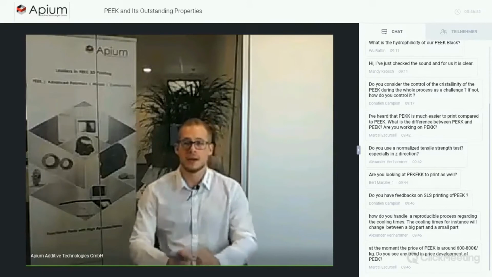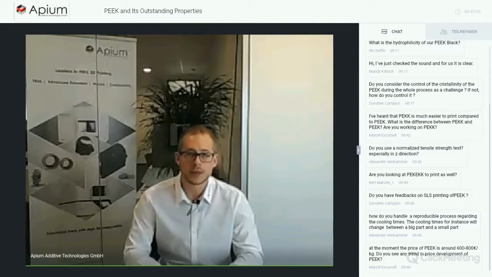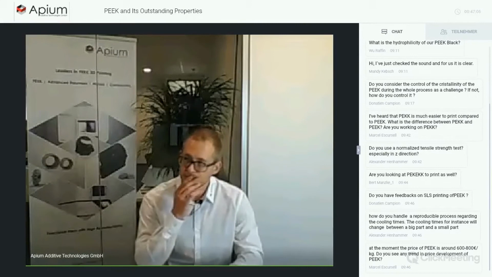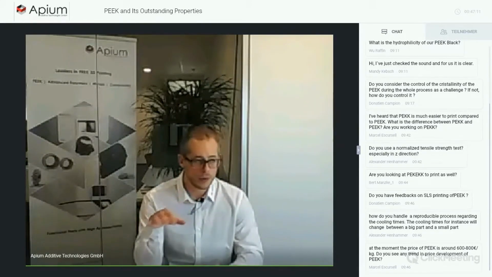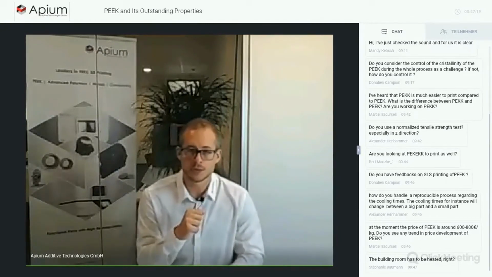How do you handle a reproducible process regarding the cooling times? The cooling times, for instance, will change between a big part and a small part. This is right. This is something we are still working on. As I said before, we have a database inside of our printer with a cooling process where we already have some experience, that after the print we do some kind of heat treatment.